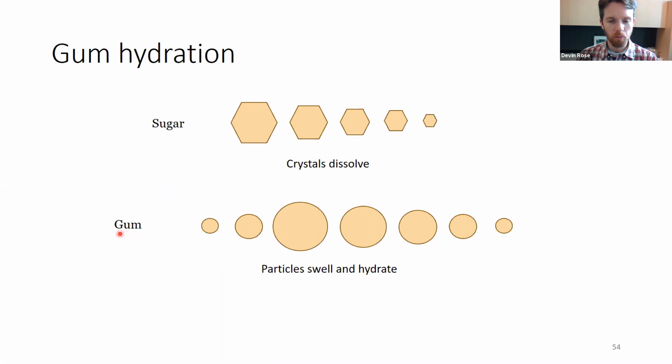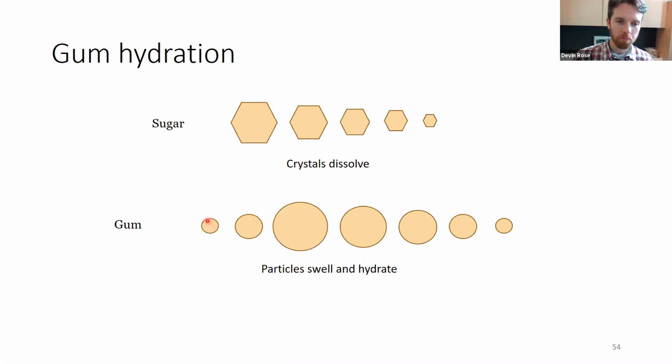And so you have to be really careful when dissolving either a pre-gelatinized starch or a polysaccharide gum in water, because you can get something called fish eyes that we'll see in the next slide. This slide is just showing what happens when you dissolve sugar in water. Sugar are crystals, and those crystals just get smaller until they're all the way dissolved. But gums don't come in crystals, they come in particles.